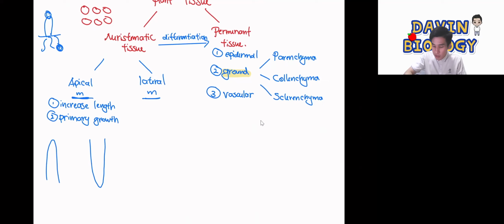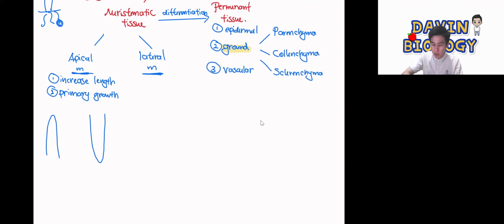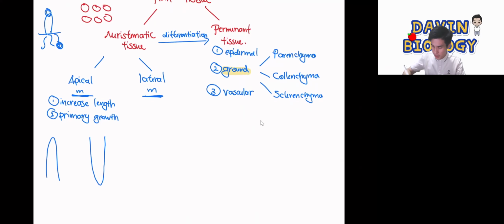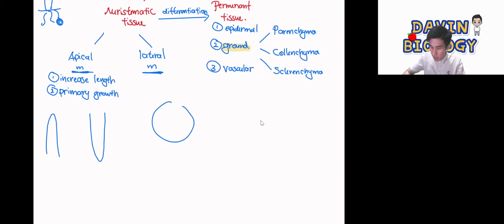Okay, lateral meristem. Now, where do we find lateral? Lateral means side, but not exactly the side. Meaning when you cut the stem cross-sectionally and look from the top, let's say you have a stem here, you cut at the top, you look from the top. So this is the cross-section of the stem. Lateral meristem is basically two rings.